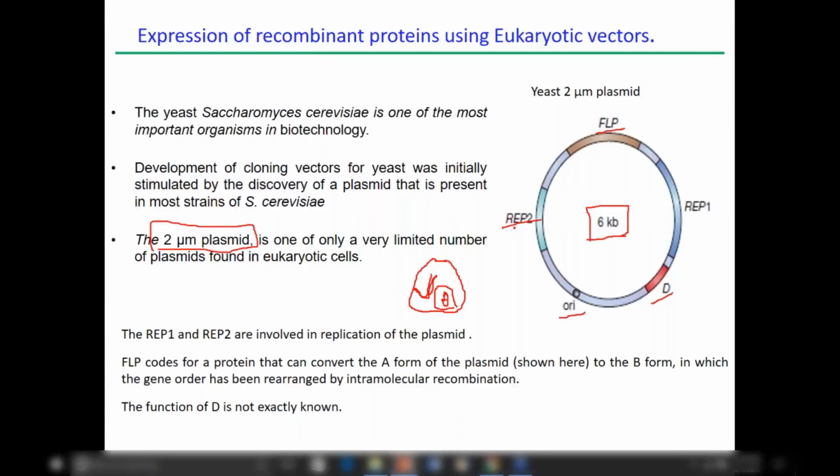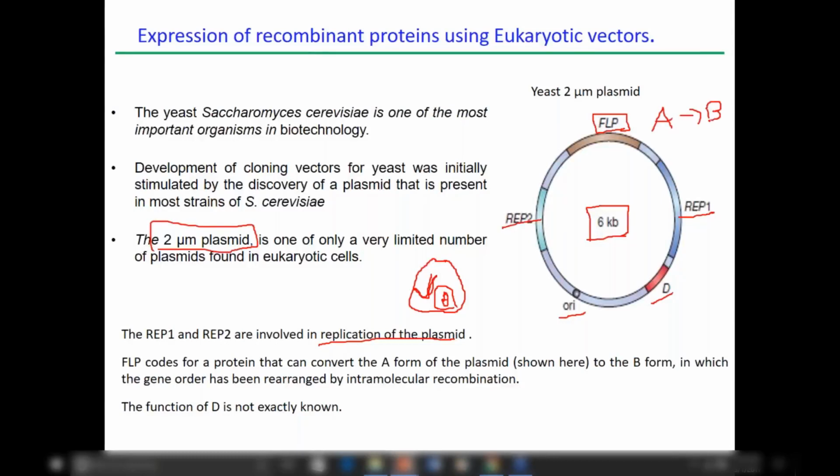So REP1 and REP2, both the sequences are involved in the replication of this plasmid. Whereas this FLP protein or FLP sequence is the one which is involved in the conversion of A form to B form.